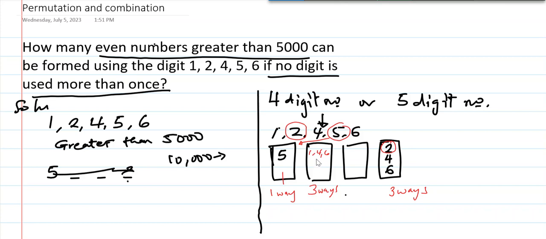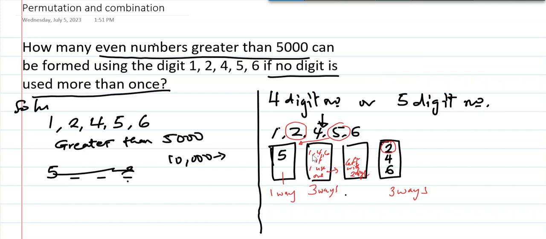Now, if I use one of the numbers, if I use 1, I'll be left with 2 digits. Okay, so let's continue.